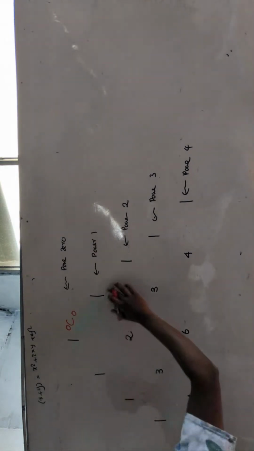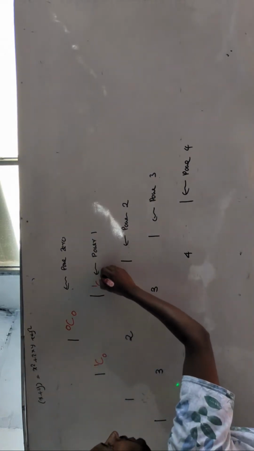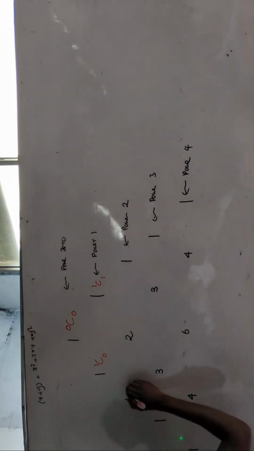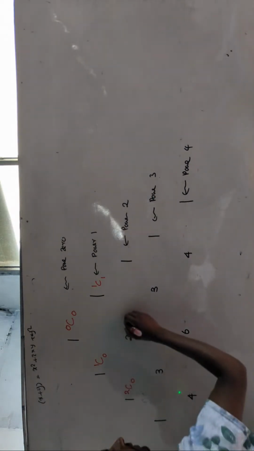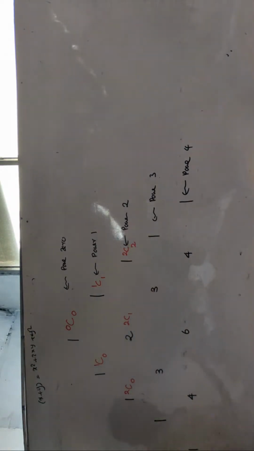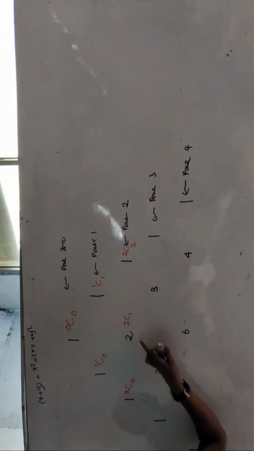If you consider these two, this is 1C0 and this is 1C1. Both are equal to 1. Next one is 2C0, 2C1, 2C2. We know that 2C0 is 1, 2C2 is 1, and 2C1 is just 2.